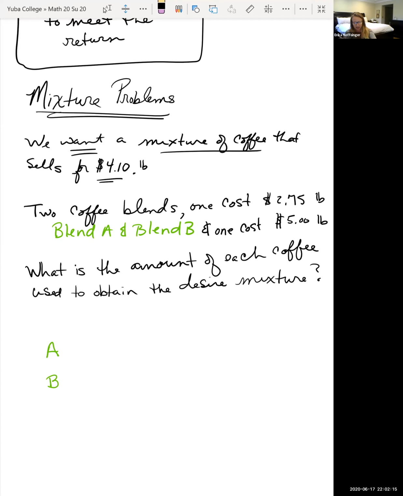And let's say our new blend is C, so let's put C on that table. We have a couple of things that we know about these coffees. We know the cost per pound. We're trying to figure out the amount. And then we would have the total cost.